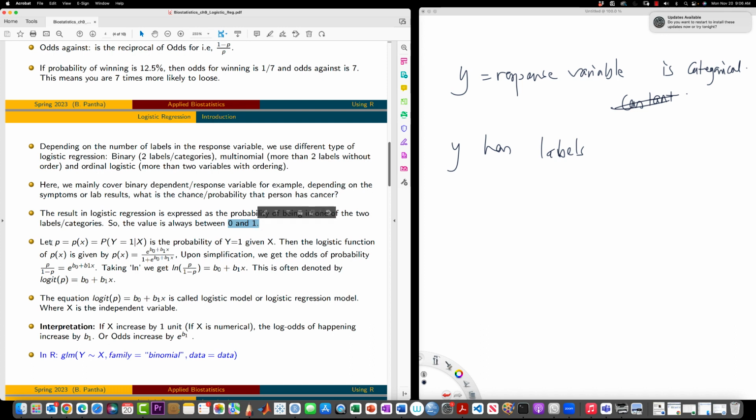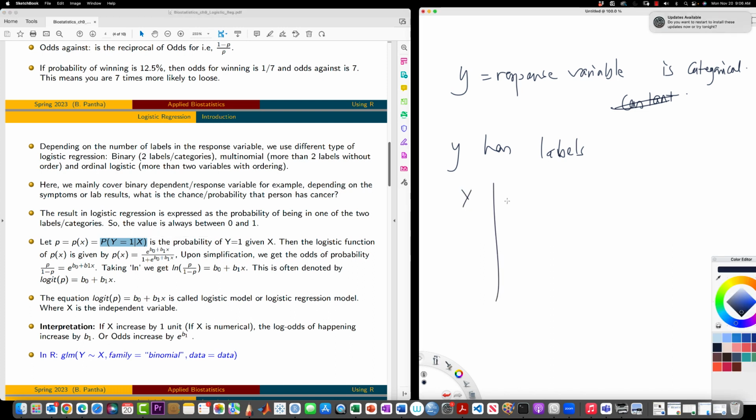Okay, so what is the equation for the logistic regression then? That's how we derive the equation. P is the probability of winning, or the probability of having Y equals 1, because the Y variable is categorical. Instead of male, female, or yes, no, we write 0 and 1.